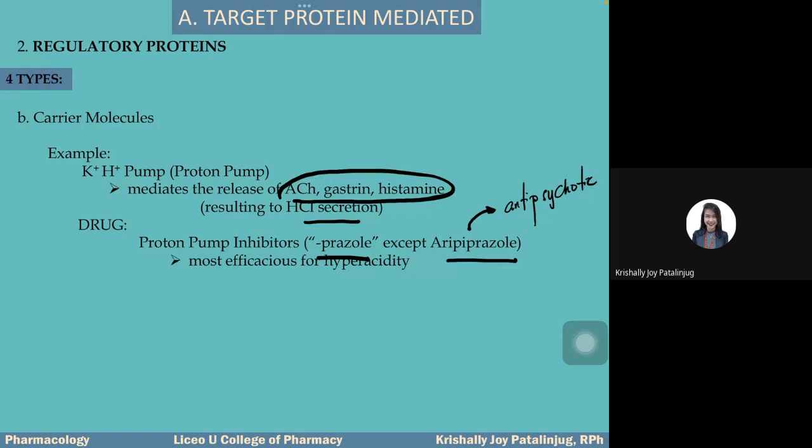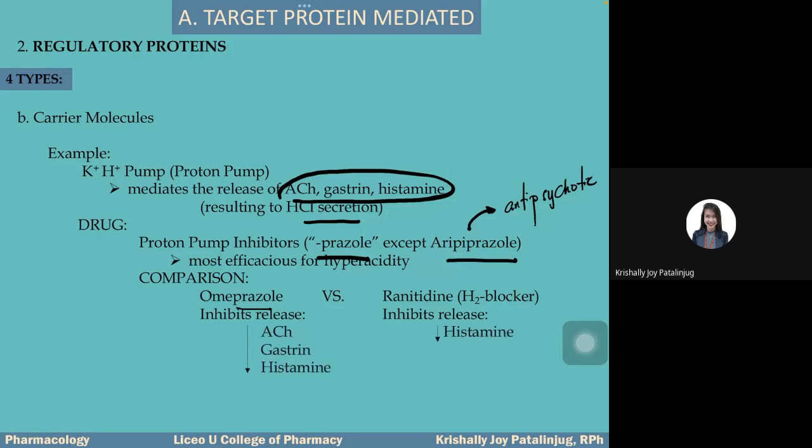It reflects their MOA, because it doesn't only inhibit histamine, but all endogenous compounds that increase HCl secretion. So if you compare a PPI, for example omeprazole, versus an H2 blocker, ranitidine, we could tell that PPIs are most efficacious because they inhibit acetylcholine, gastrin, and histamine release.